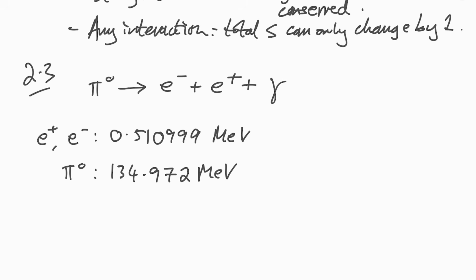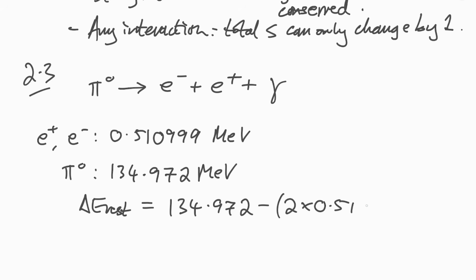I mean, it says compare, so let's find the difference. Difference in rest energy is equal to 134.972 take away 2 times that 0.510. It's going to be a very small difference, of course. We don't care about that because, of course, degrees of accuracy and all that. Funnily enough, the mark scheme doesn't actually expect us to do this, but we're going to have to do this in a minute anyway, so we might as well. So that's going to give us 133.95 mega electron volts. And of course, it's been turned into photon energy.